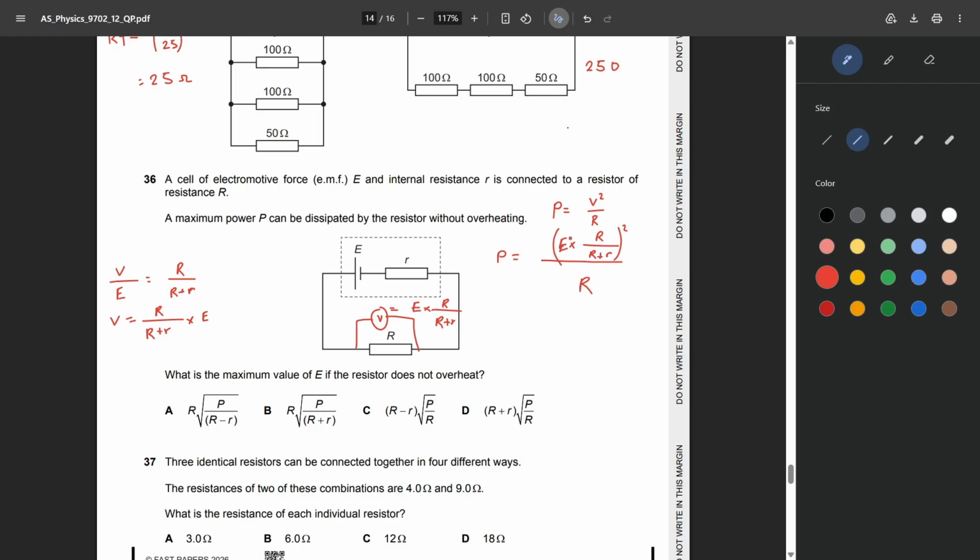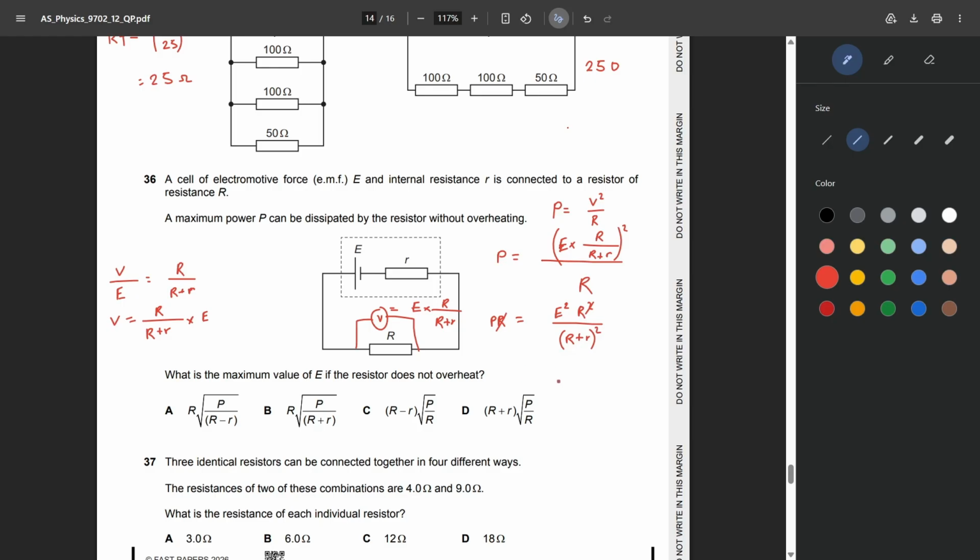If we make E the subject, we get P times R brought to the left is equal to E squared R squared divided by R plus small r whole squared. Now if we divide this R with this R, we get P is equal to E squared times R divided by R plus r whole squared.